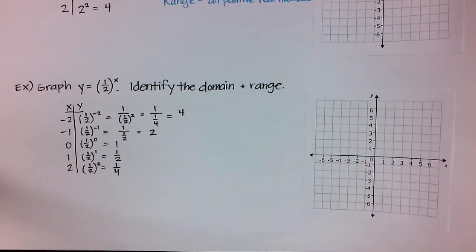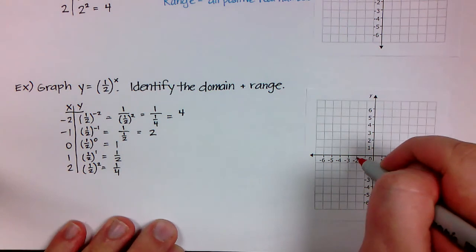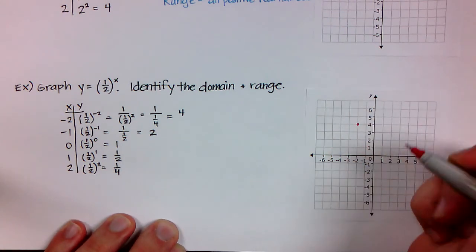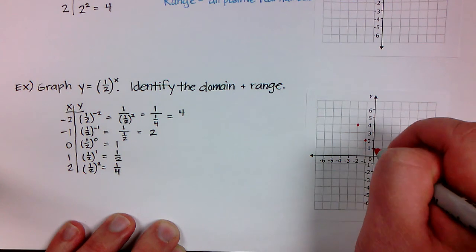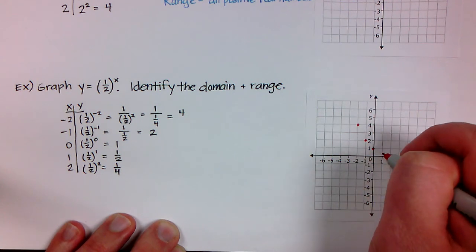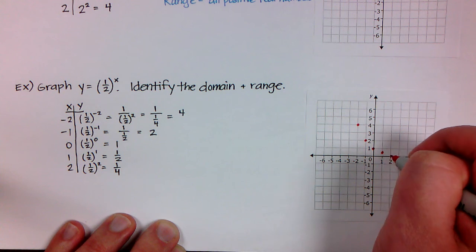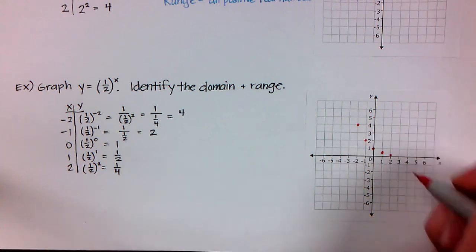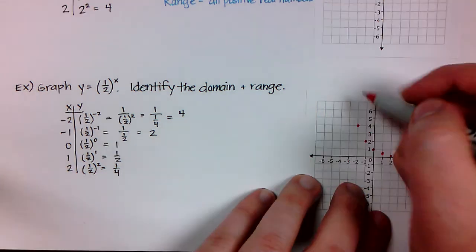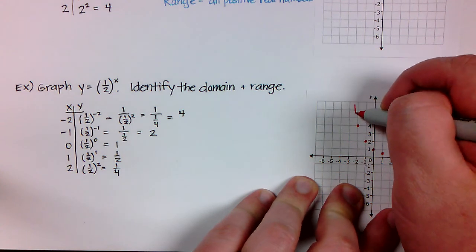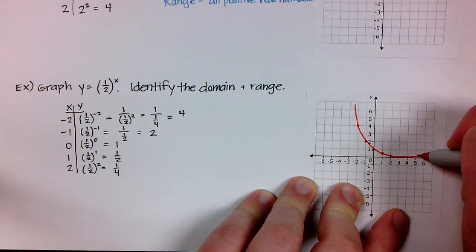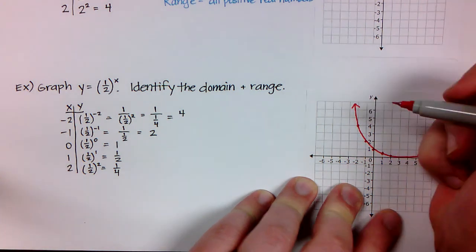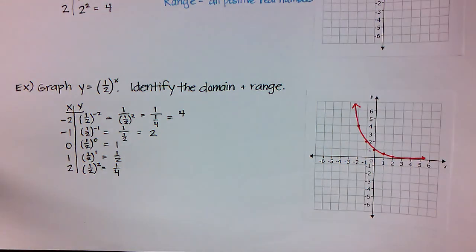Okay, let's go ahead and plot these and see what we get. So we're starting with -2 all the way up to 4. And then I have -1 up to 2. I have 0 up to 1. I have 1 up to 1/2. And then I have 2 up to 1/4. And this time it looks like these are going downwards, starting from the left to the right, which is telling me that this one is a decay.